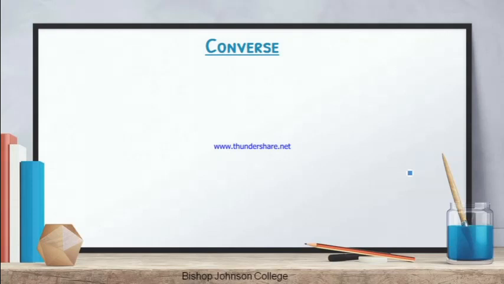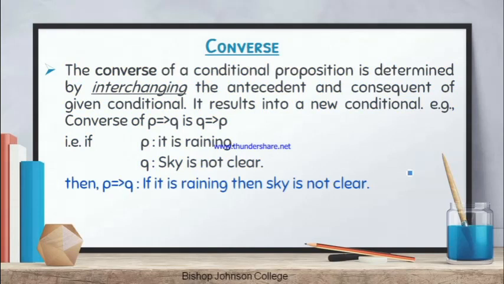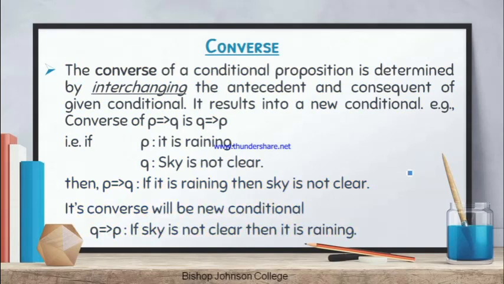Then converse. The converse of a conditional proposition is determined by interchanging the antecedent and consequent of the given conditional. For example, P is the statement it is raining, and Q is the statement sky is not clear. Then P implies Q. The statement is: if it is raining, then the sky is not clear.